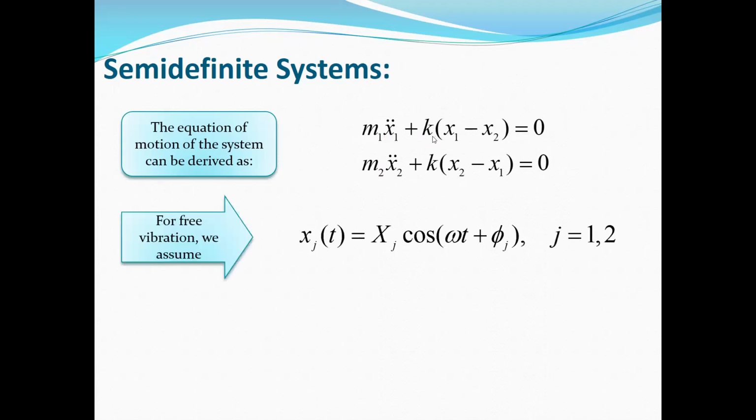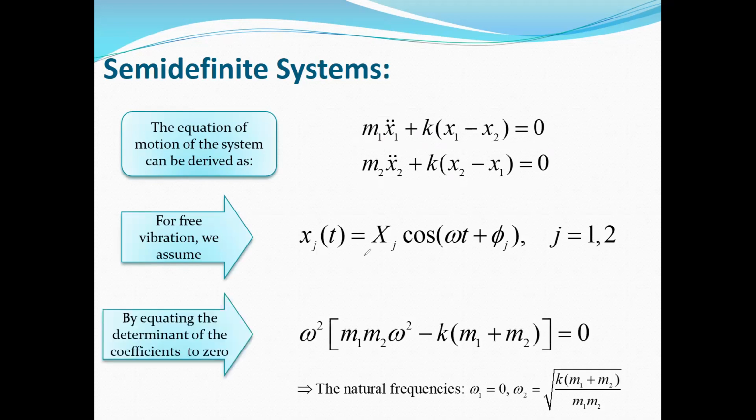The next step, we need to solve this equation similar to the previous examples and previous section. We need to consider the response in a harmonic form to obtain the free vibration response and form the characteristic or frequency equation. If we assume the response in this form, which is a harmonic with frequency omega, and this omega will be obtained as the eigenvalue or the natural frequency of the system, now we can substitute into the equation.